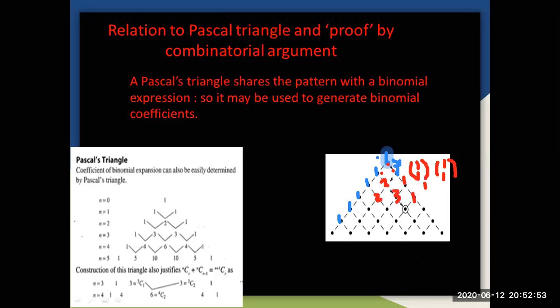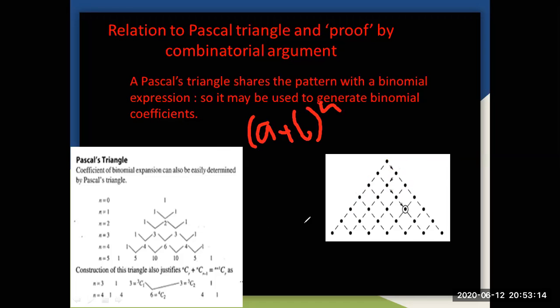So you see a similar pattern for binomial expansions. When you have (a + b) to the power of n, you have basically (a + b) multiplied by itself n times.